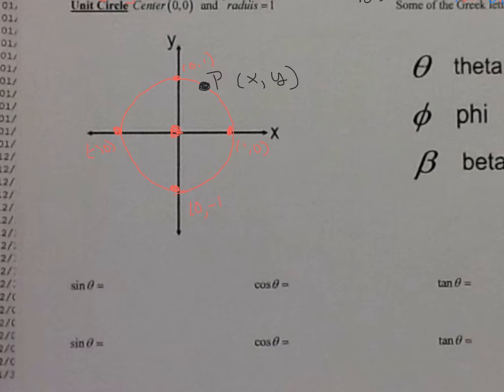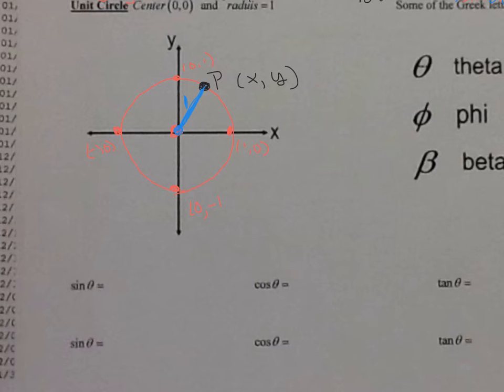I don't know what that XY value is, but I know it's some point XY. And I do know this, that I can take from the center and draw in my radius. And I know that the length of this radius is 1, because remember, we went up, down, left, right, 1. So this is a length of 1.